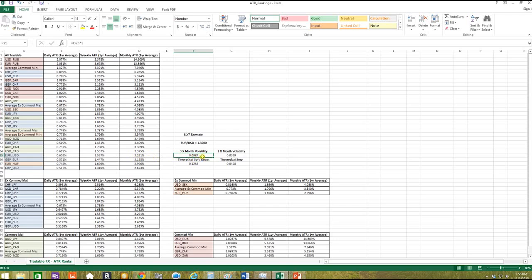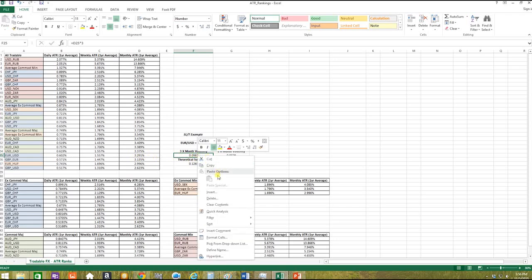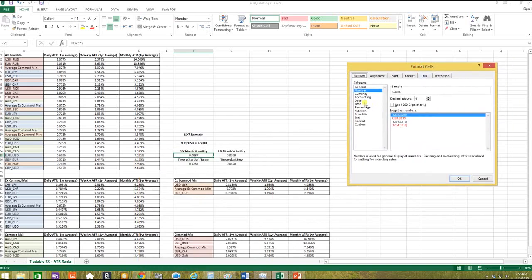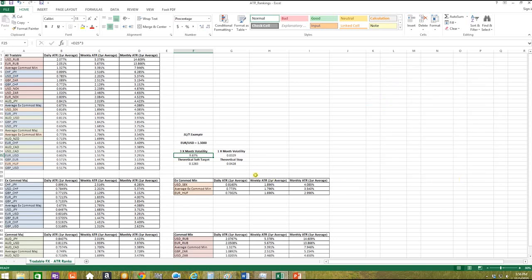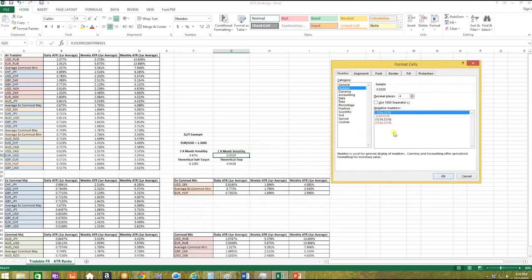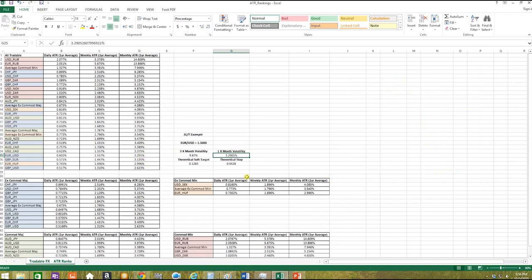So we end up with 9.87%. And we can change this to percentage, and we can change this to 2 decimal places. And we have our 1 month volatility, which we know is around 3.3%. So we can change this to percentages.